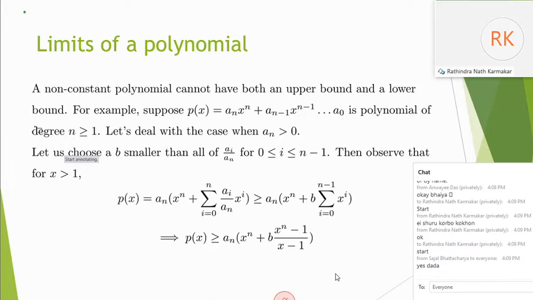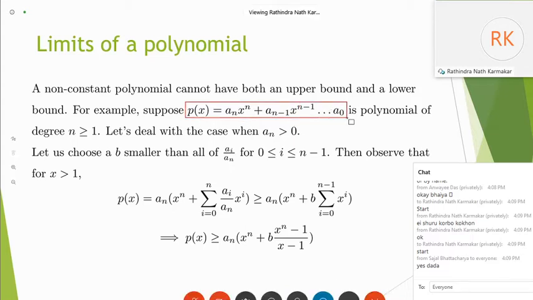Suppose we have the polynomial p of x equal to a_n x power n plus a_{n-1} x power n minus 1, dot dot dot, up to a_0. It is a polynomial of degree n, which is greater than or equal to 1 because we want a non-constant polynomial. So there are a few cases to deal with.